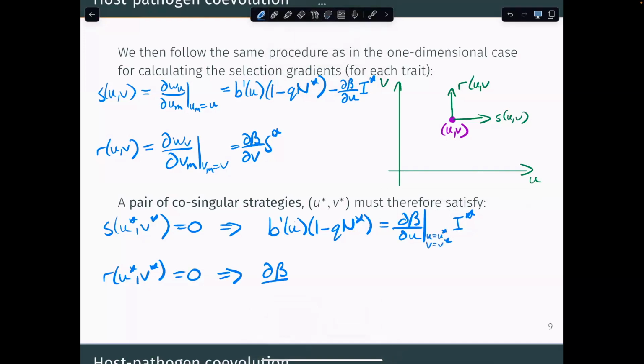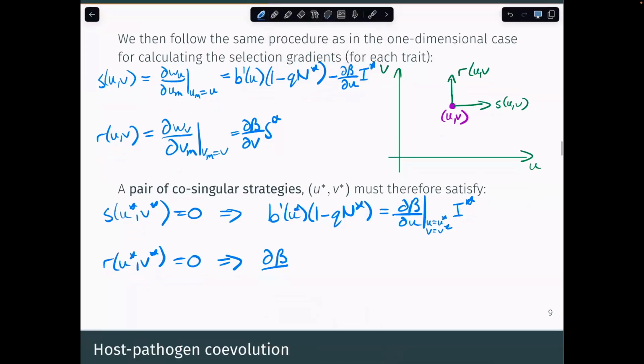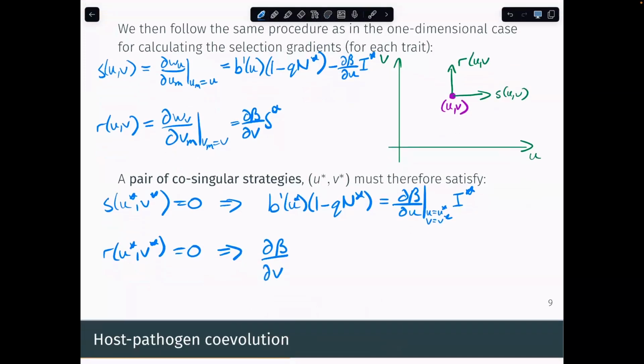And this B prime should be at U star. Similarly for our pathogen, we're taking this derivative up here with respect to V and evaluating this at U star, V star. And it gets multiplied by S star, and this must equal 0 for our second selection gradient to be equal to 0.